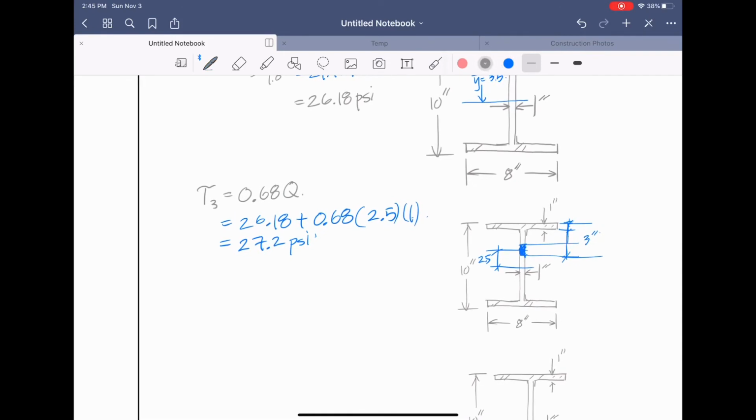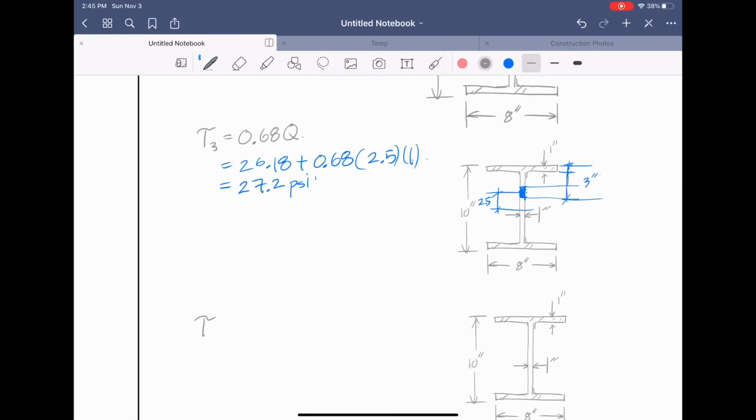Okay, and then we're going to go to tau at 4, which is another 0.68 Q. We're going to take this, we're going to add that 27.2 psi, and guess what now?